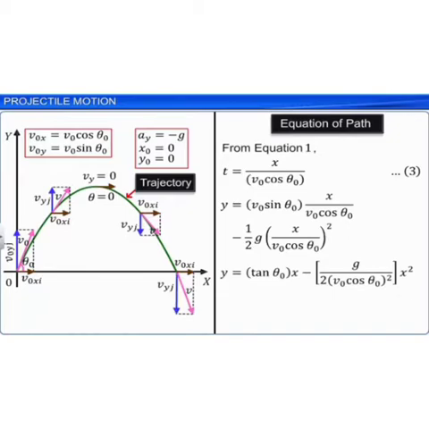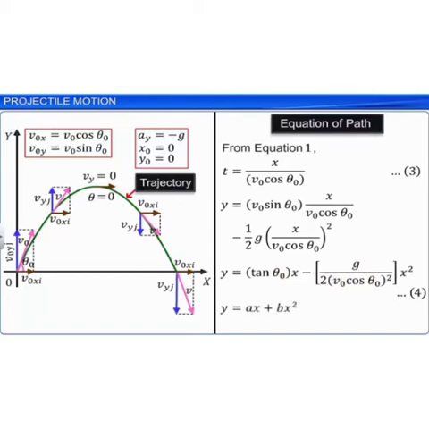In this equation, tan theta 0 and g divided by 2 into v0 cos theta 0 whole square are constants, as g, theta 0 and v0 are constants. As you know, the equation of a parabola can be written as y is equal to a x plus b x square.